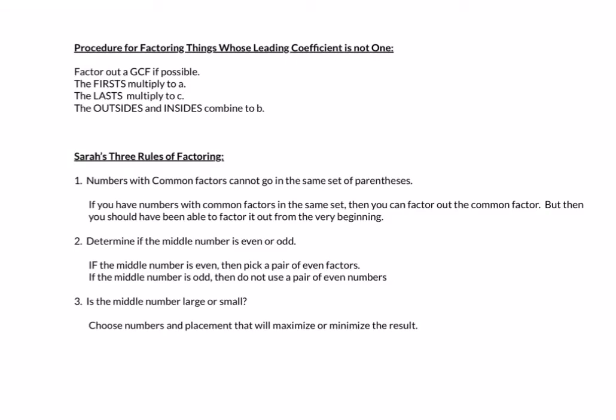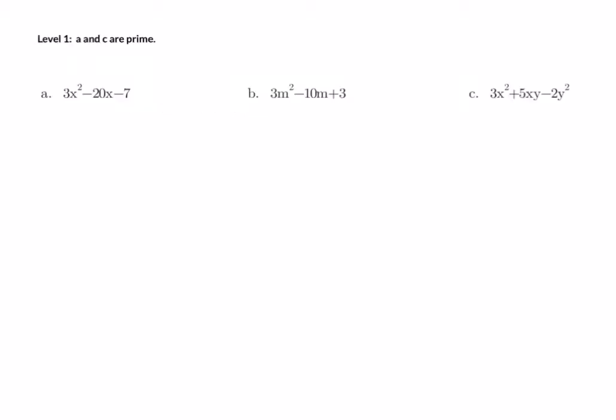Okay, so those are 3 rules of factoring that we're going to use. So now let's dive into some problems. On top of the 3 rules of factoring, we also have different levels of difficulty. For example, the first level of difficulty is if A and C are prime.